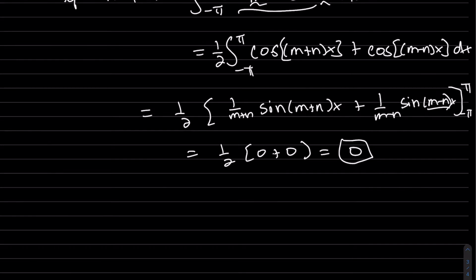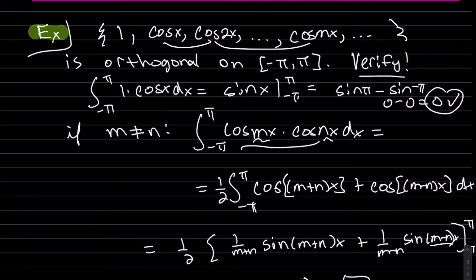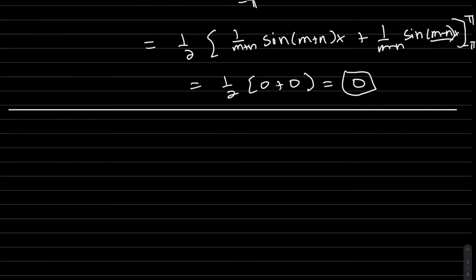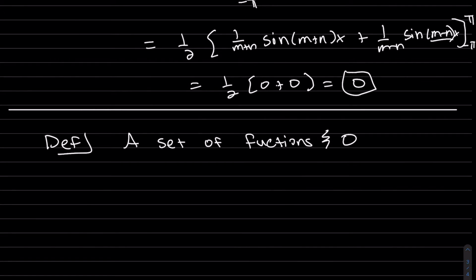We can also see that if m does equal n, it is undefined. So we're only talking about when m doesn't equal n, when these are all different. Here's another definition: phi i, an infinite set, is orthonormal, not just orthogonal, but orthonormal.